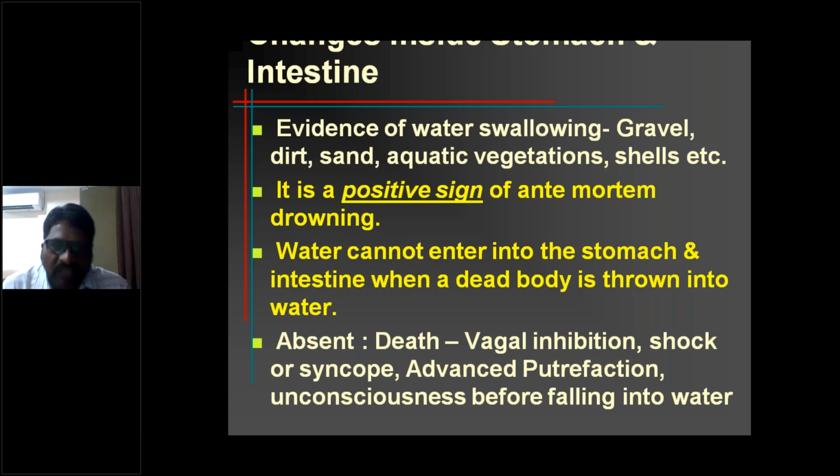Next, water cannot enter into the stomach and intestine when a dead body is thrown into the water. The person may be murdered and thrown into the water to make it look like a drowning, to confuse the police and investigation people.